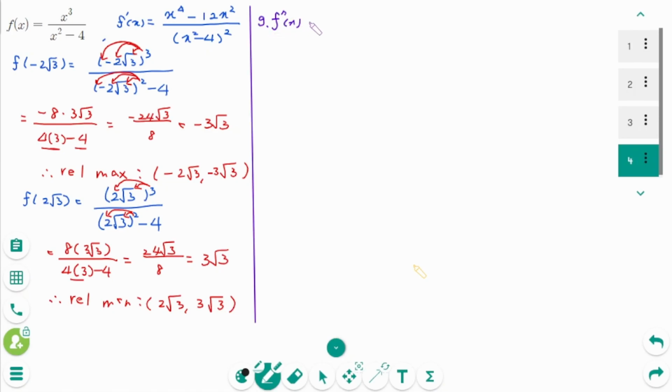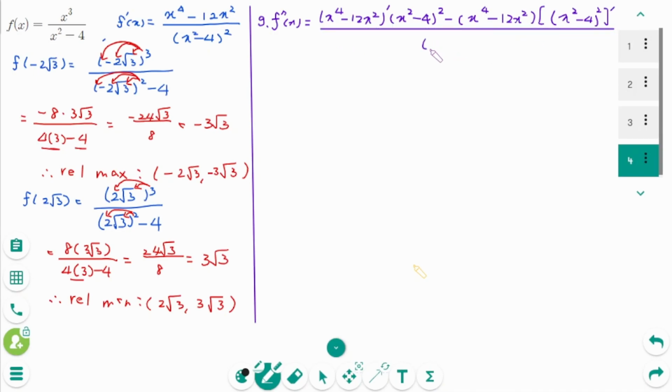F second prime of x equals, using the quotient rule, x to the power of 4 minus 12x squared prime times x squared minus 4 squared minus x to the power of 4 minus 12x squared times x squared minus 4 squared prime over x squared minus 4 squared then squared, equals x to the power of 4 prime is 4x cubed minus this one is 24x times x squared minus 4 squared minus x to the power of 4 minus 12x squared.